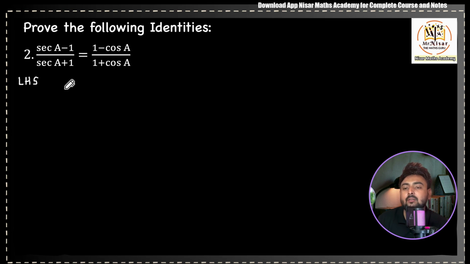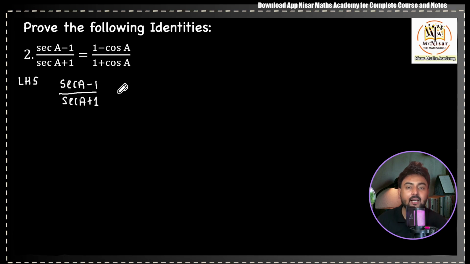So in the left hand side we have sec A minus 1 upon sec A plus 1. This is given to us. So children, let me make you very clear, and always remember, in trigonometry 80 to 90% questions are solved by this trick.